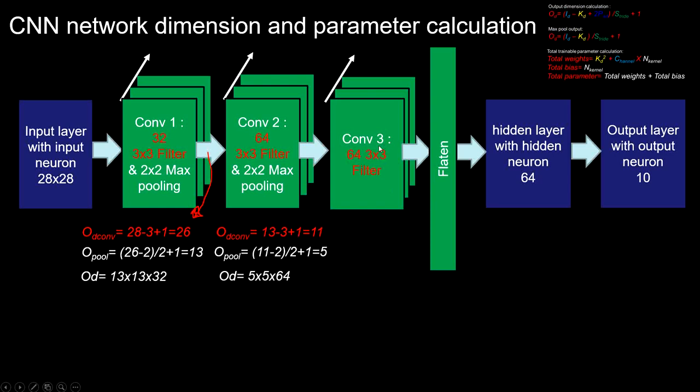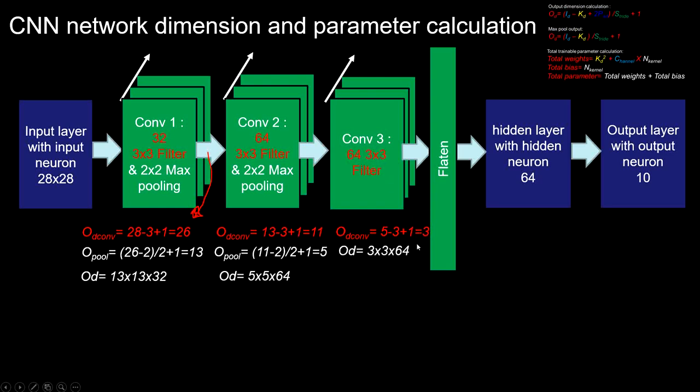We move on to the next part, which is the convolutional 3 layer. It receives input from the convolutional 2 layer, so the input dimension will be 5 times 5 times 64. If you apply the convolutional process, your input will be 5, minus your filter 3, plus 1. So the output dimension of the convolutional process will be 3.